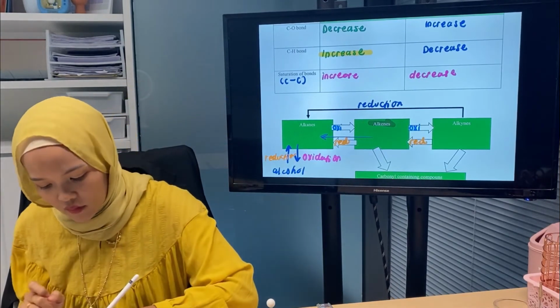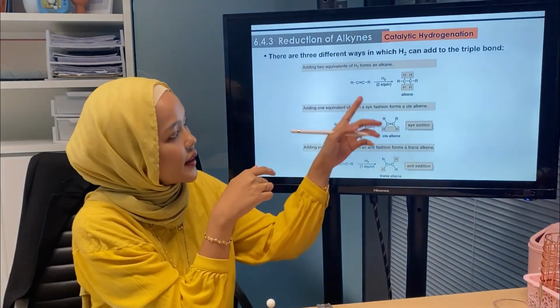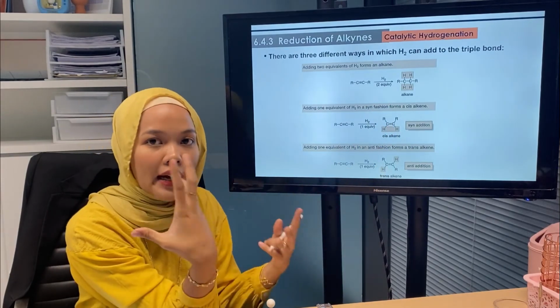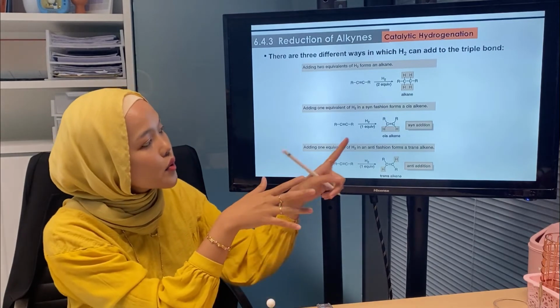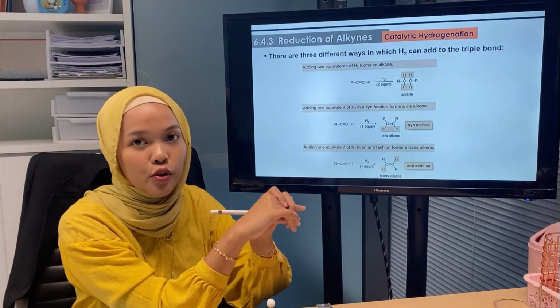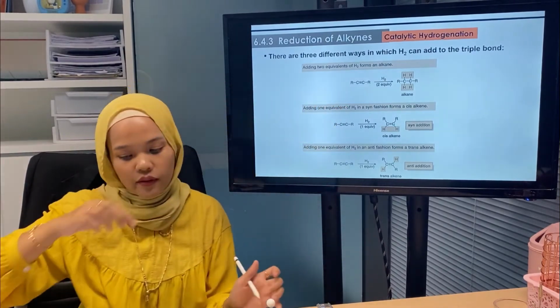So you can have three products: you can produce alkane or you can produce alkene, but the alkene can be cis or trans. So how do you make sure you produce cis alkene and how do you produce trans alkene? No worry, we're going to go one by one. We go with this one first.